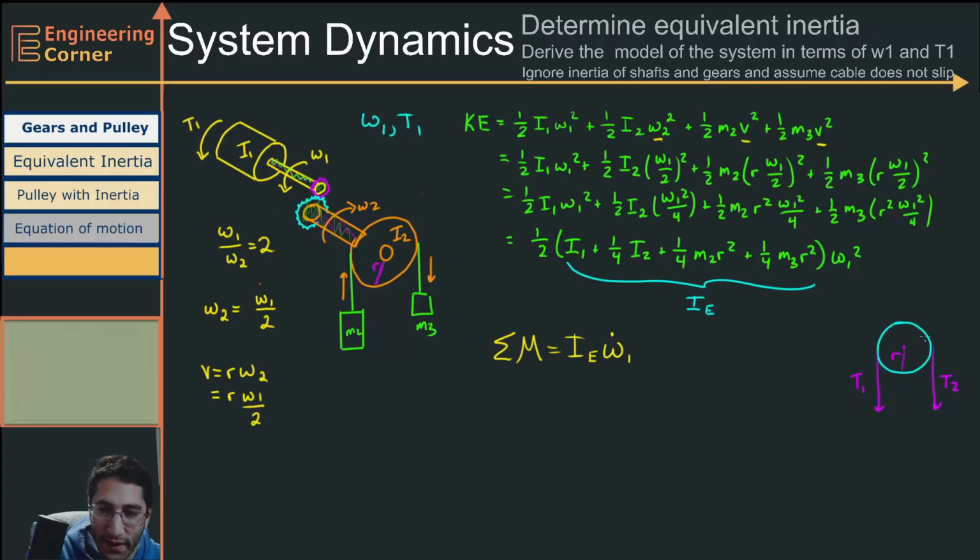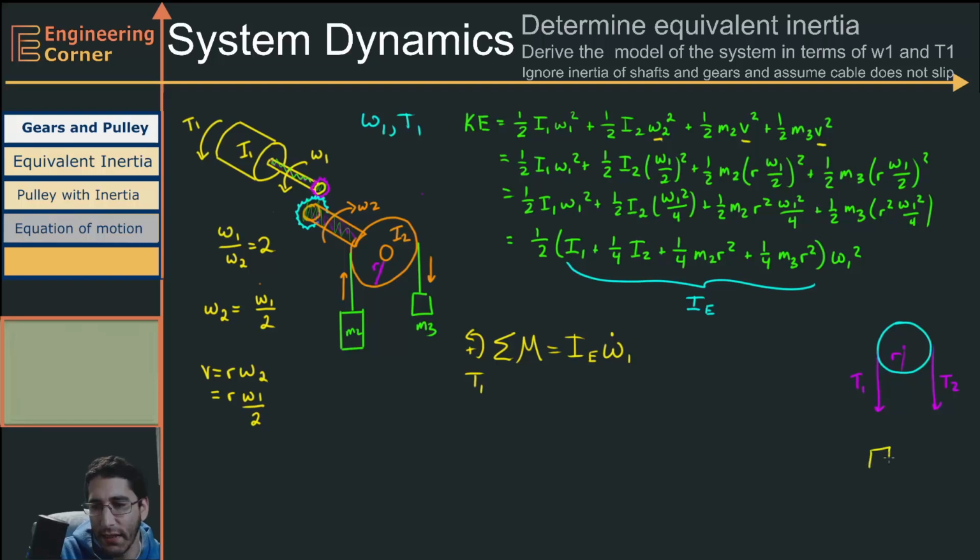Now, we still have this pulley system, so we need to figure out what this input shaft sees. Let's say counterclockwise is positive. Our input shaft is going to be T1. That's the torque on the input shaft. And then it's going to have the masses.